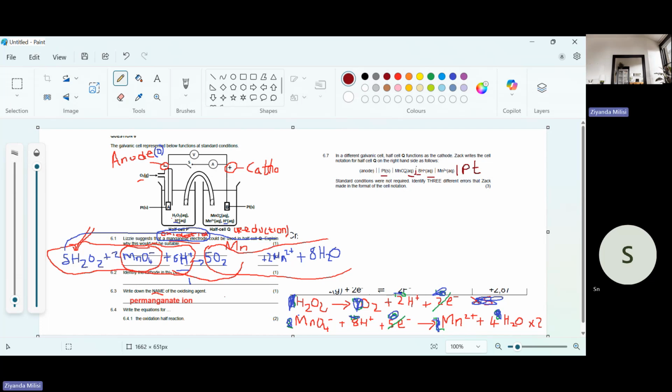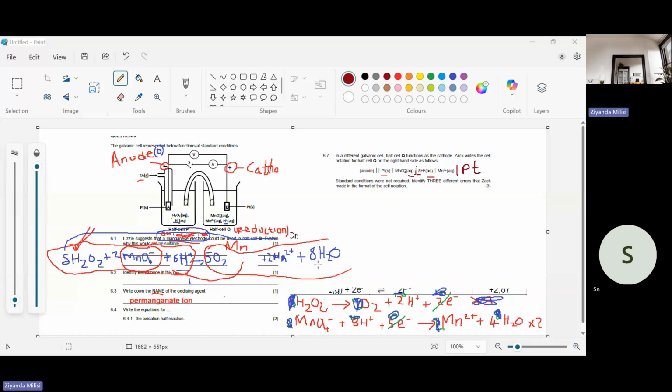Listen. Yes, I see the reasons. First one, he put Pt first instead of last. And he used the what? The phase boundary instead of a comma.